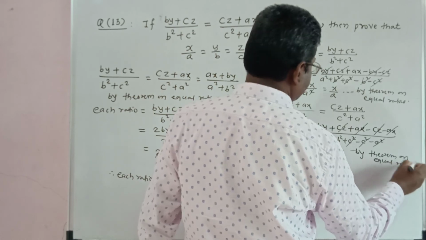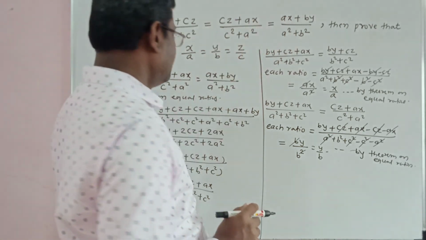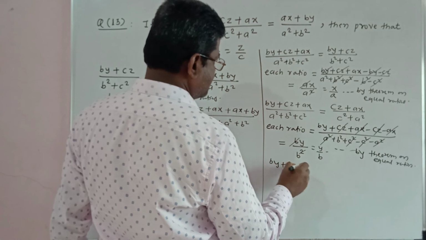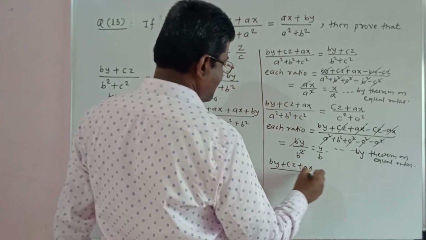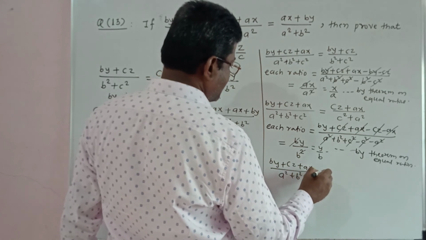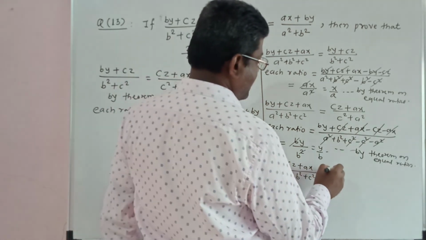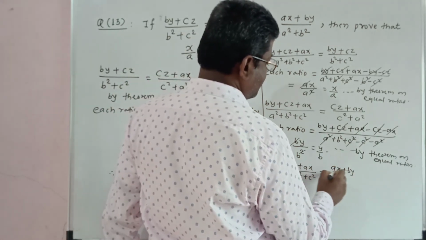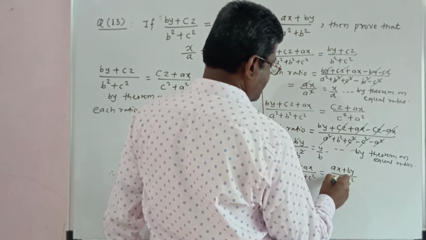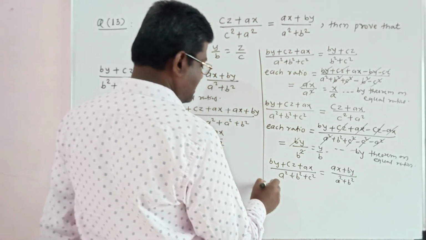Now this ratio is equal to this ratio. Therefore we write (by plus cz plus ax) upon (a square plus b square plus c square) is equal to this ratio, (ax plus by) upon (a square plus b square). Now use theorem on equal ratios.